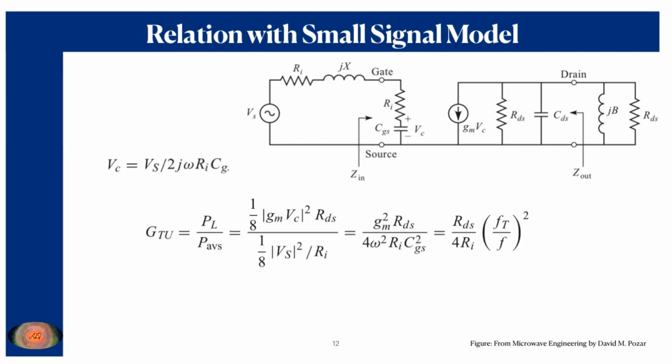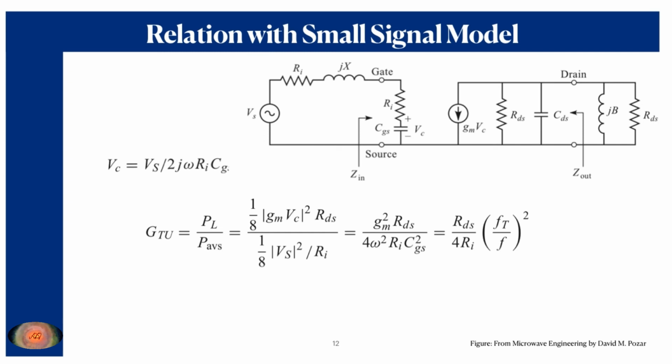Finally, the power being dissipated across the load impedance, where the load impedance is considered as this RDS itself. Since the reactive elements are cancelled out, only two RDS exist. The parallel combination of the two similar resistances will be RDS divided by 2.